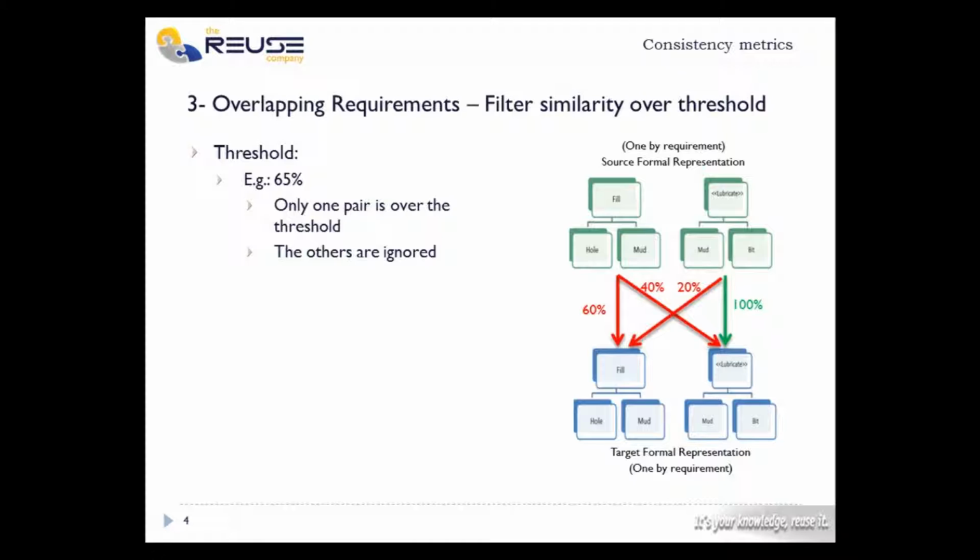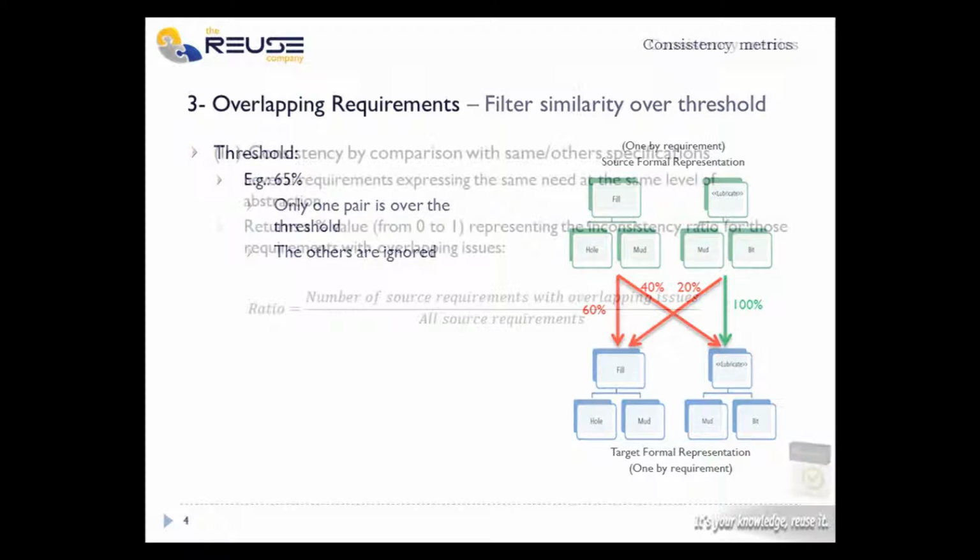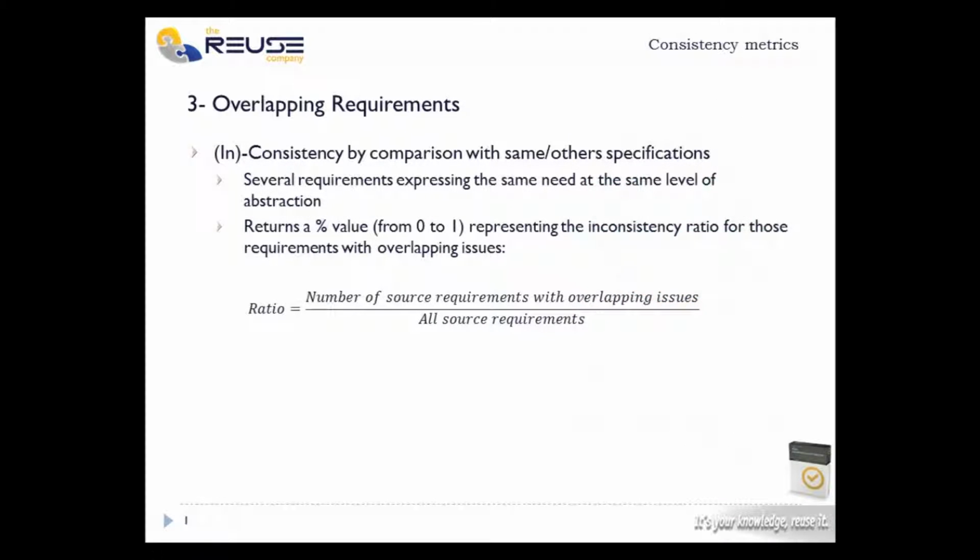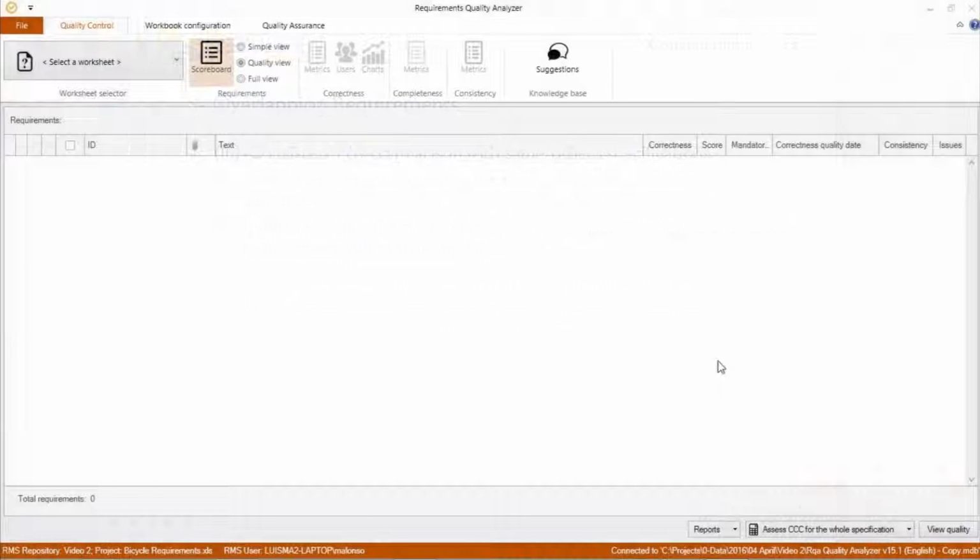Otherwise, the requirements have to be revised because there is some kind of similarity. The final score is computed using the ratio between the number of source requirements with overlapping issues and all source requirements. After the theory, it's time to show the metric.